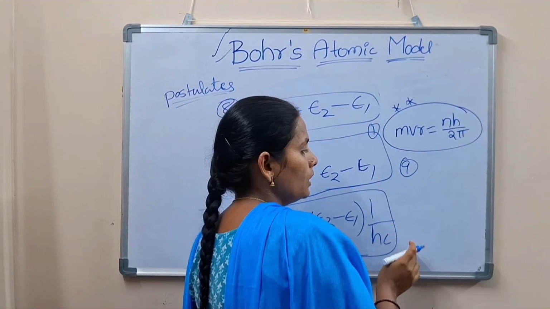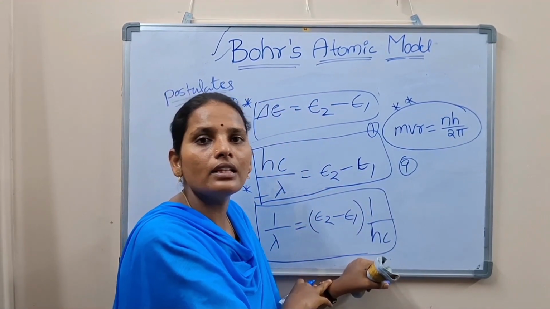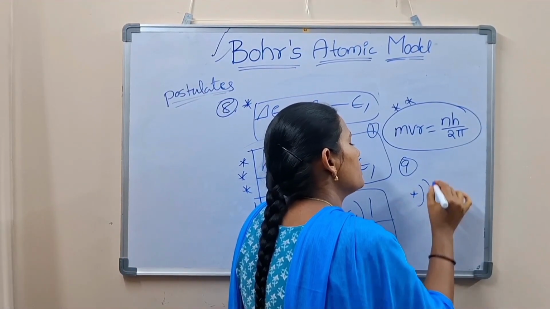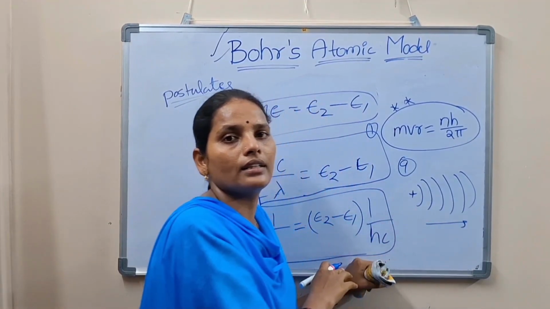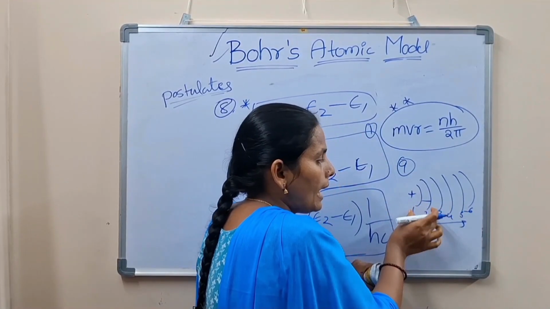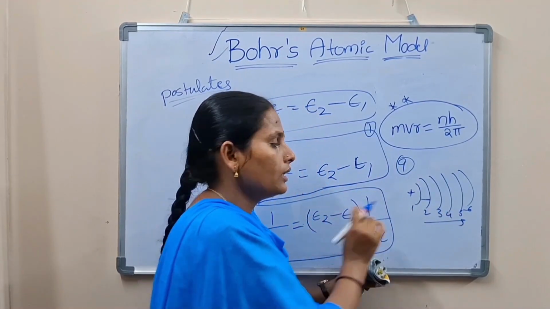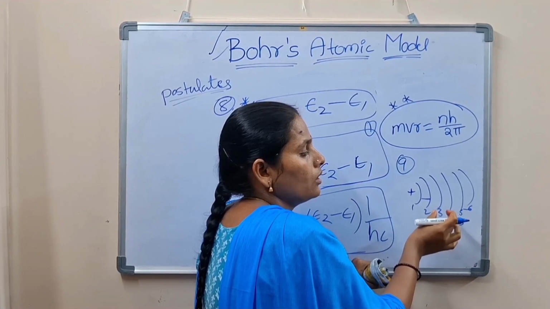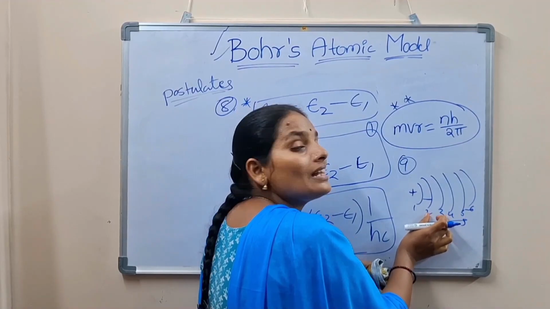Coming to 9th point. The 9th point is when the number of orbits increases, in between the successive orbits, energy is decreasing. This is the nucleus, first one, second one, third one, fourth one, fifth one. By increasing the number, energy is decreasing. As per Bohr, in between the first, second, third, fourth, fifth and sixth, the energy difference between first and second is more compared to third and fourth, and the energy difference between first and second is more than second and third.